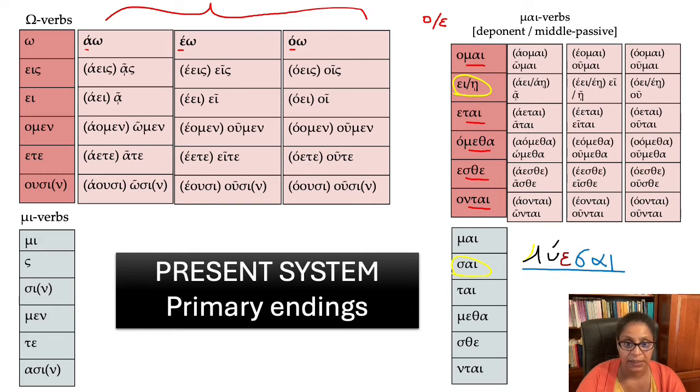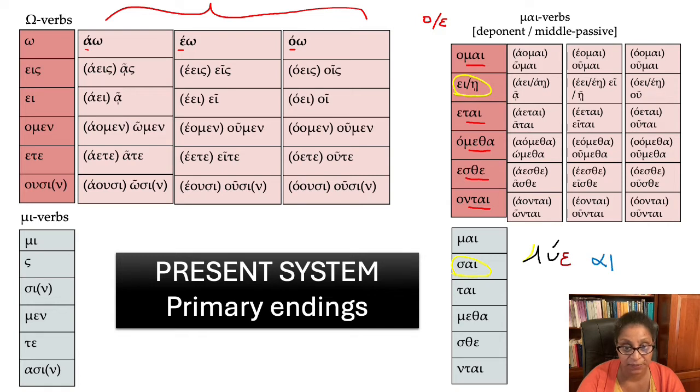Okay? Now, over time, what's going to happen is this is going to develop, progress, as it were, and the sigma is going to fall out, like that.